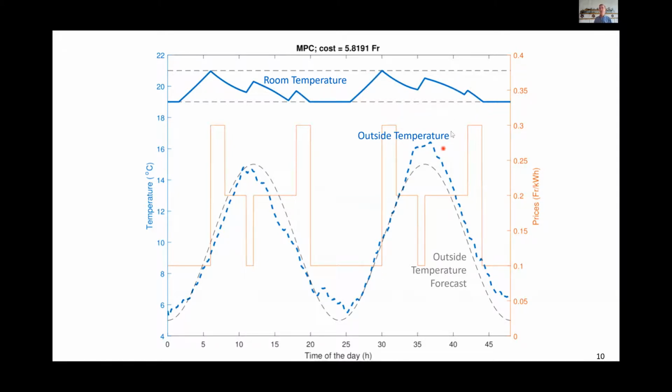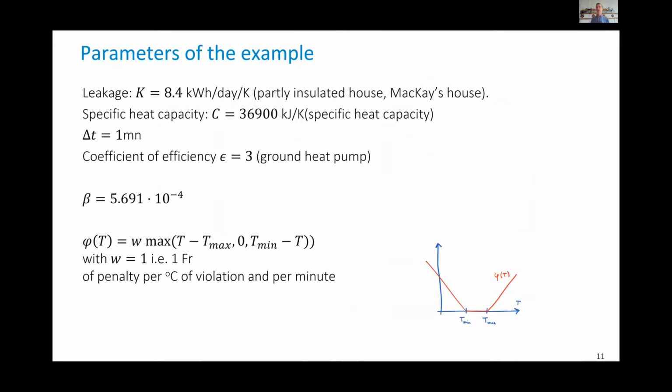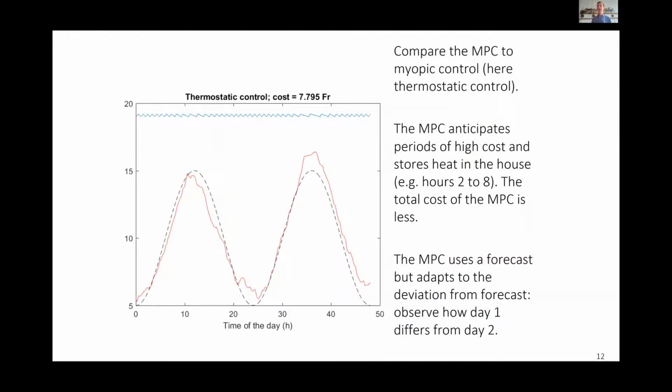So the MPC has reacted slightly to the fact that here, for example, the temperature is much larger. So I re-emphasize this, that an MPC is really adaptive, of course, as any policy must be, but in some sense it has some inherent level of robustness. Even if the forecast is very different, it will sense that the forecast was different because the inside temperature will be higher than given by the model according to the forecast.